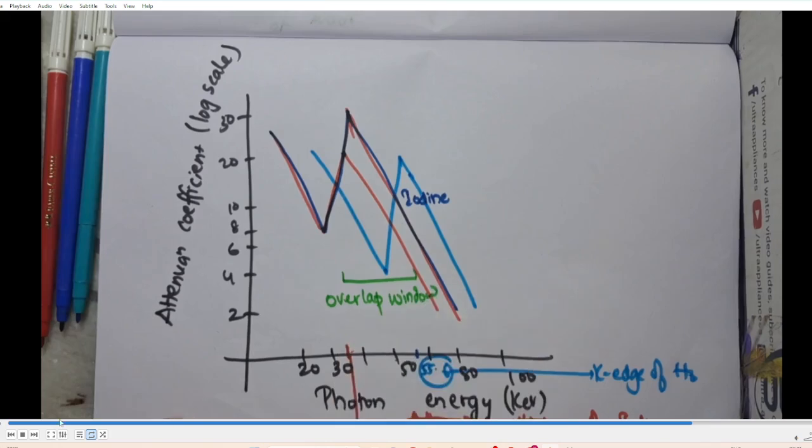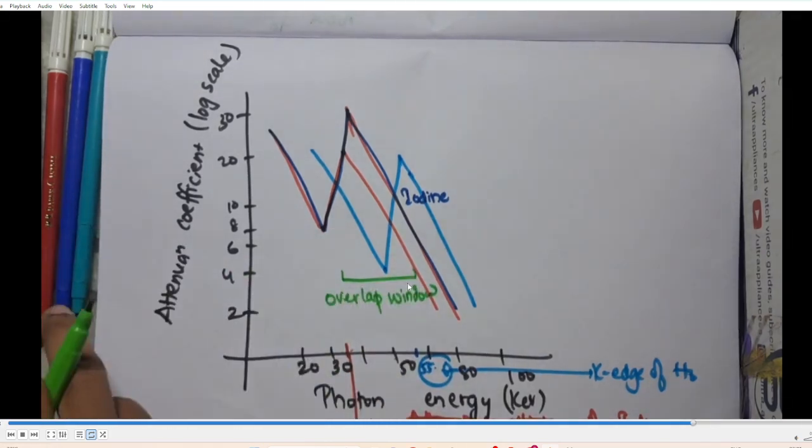In this window, the high transmission of the holmium filter overlaps the region of high attenuation of iodine. The attenuation of iodine is maximum at 33.5 to 55 kilo electron volt, and the transmission of holmium is high between 33.5 and 55.6 kilo electron volt.